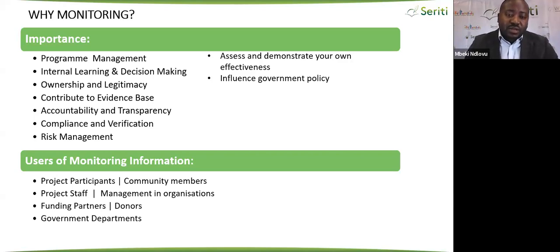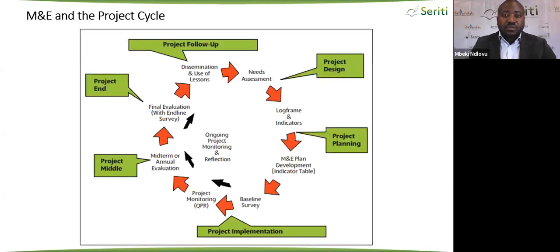But I want to highlight that there is a lost opportunity sometimes for us to actually share this information with project participants, community members, and other stakeholders that we find in communities. Because if projects can come and go without using some of those lessons that we come across to help communities get better, it becomes a lost opportunity indeed.